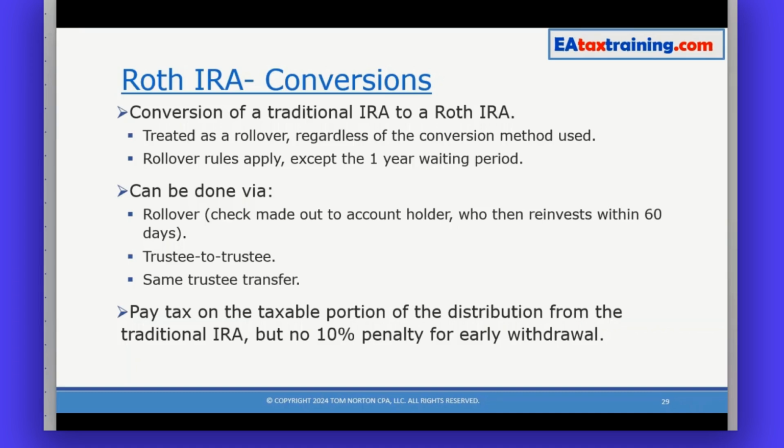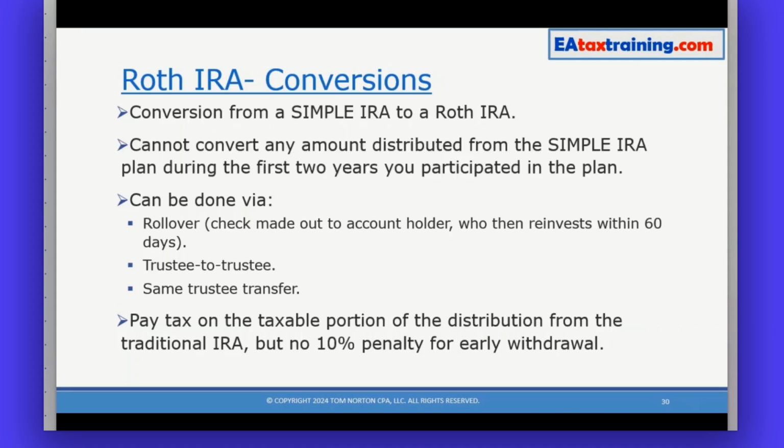You can do a conversion. However, just know you're going to have to pay tax on the distribution from the traditional IRA. But from then on, you're going to have a Roth IRA, so it's going to grow tax-free, and any distributions from that point on are not going to be taxable, assuming you meet all of the rules.